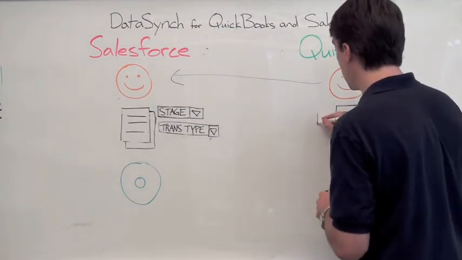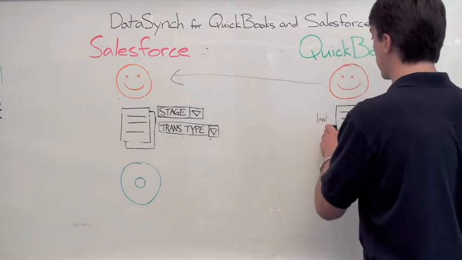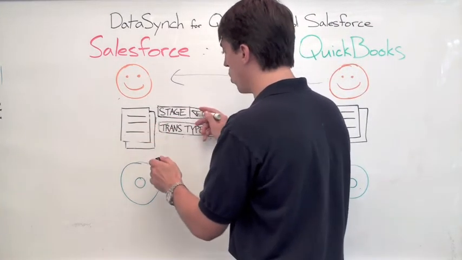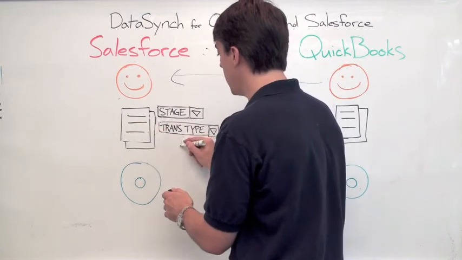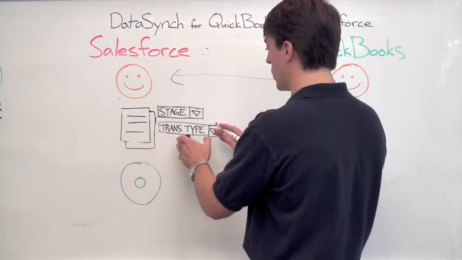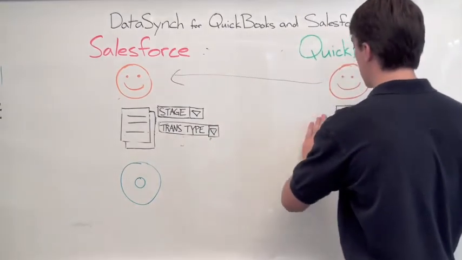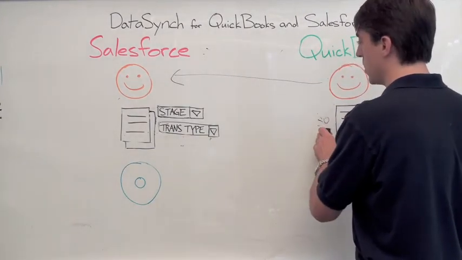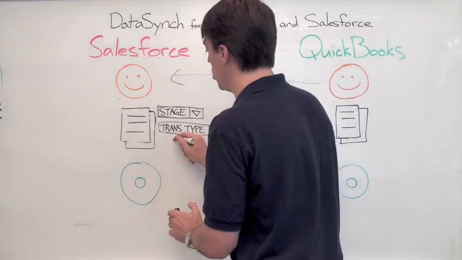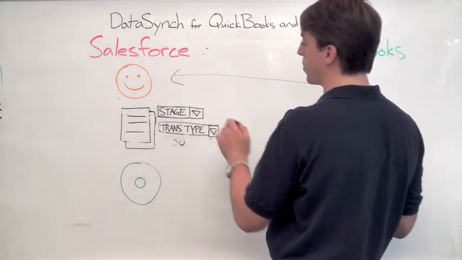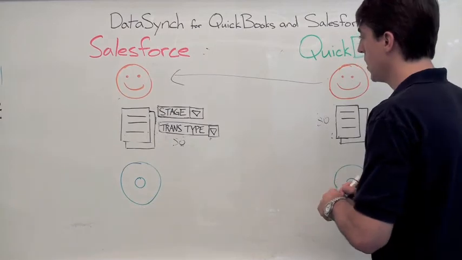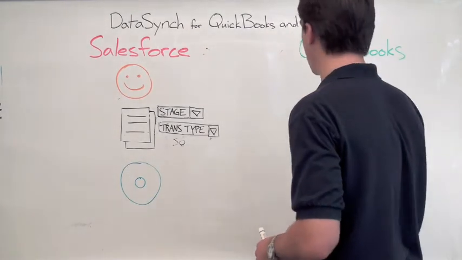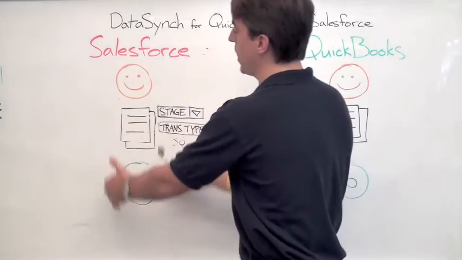If you create an invoice in QuickBooks, it will automatically create a new closed won opportunity with transaction type invoice. Say you create a sales order in QuickBooks, it will automatically create a new closed won opportunity with transaction type sales order.